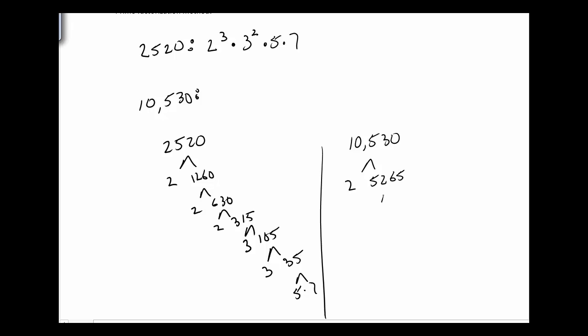Okay, yeah, 3 goes in. 1,755. Let's see, is it worth it to do another 3? 1 plus 7 is 8, plus the 2 5s gives me 18. So that's divisible by 3. So I definitely can take another 3 out.